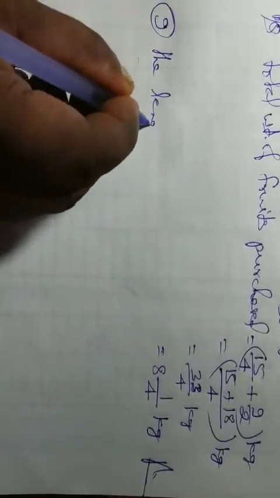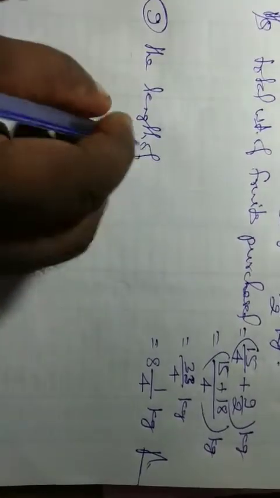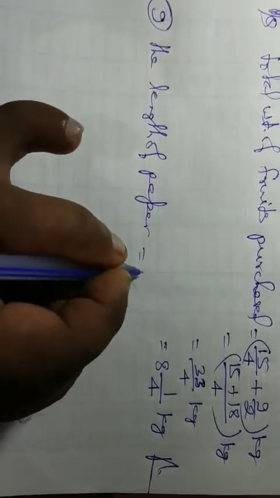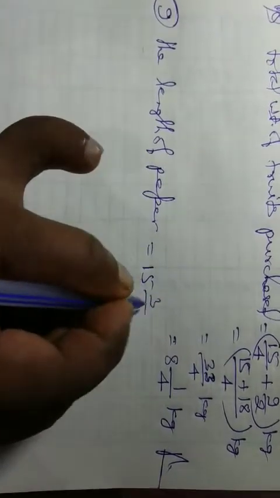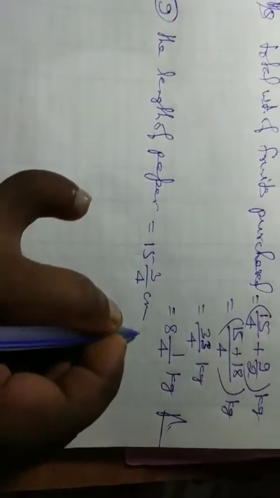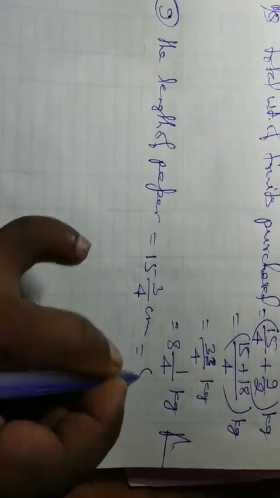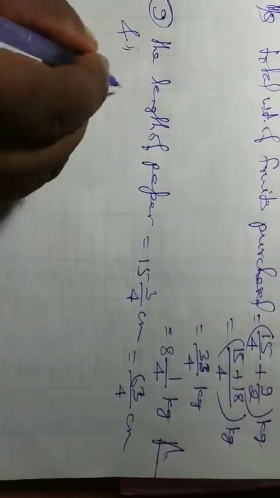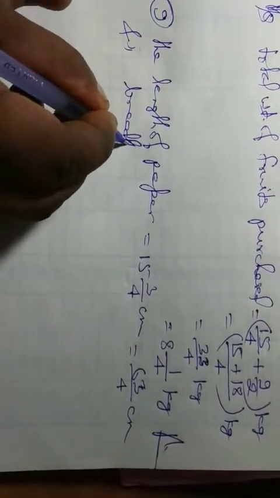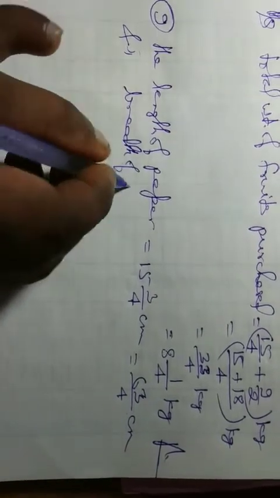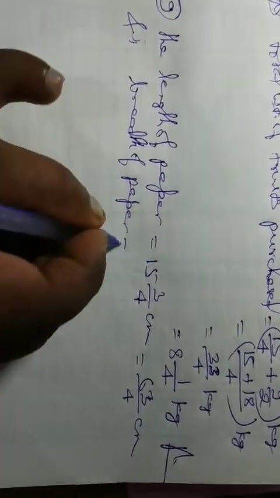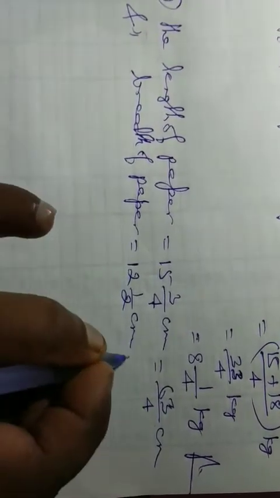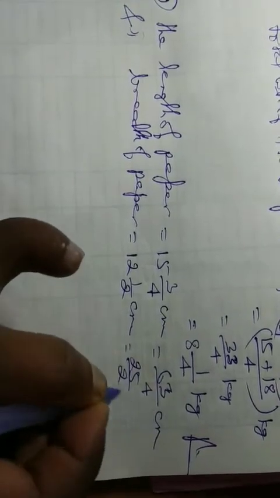The length of paper is equal to 15 whole 3 by 4 centimeter, and the breadth of paper is equal to 12 whole 1 by 2 centimeter, that is 25 by 2 centimeters.